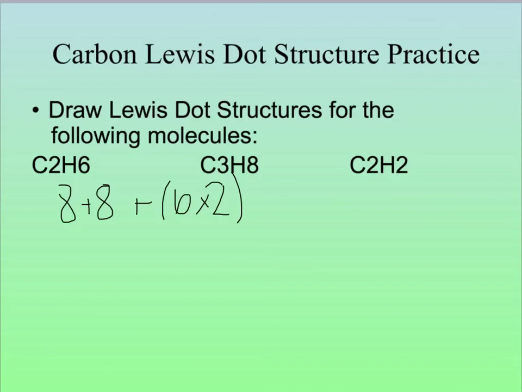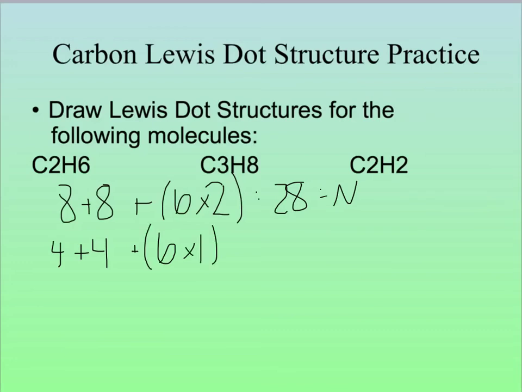When you add these up together, you should get 28, and that is our N. For A, we take our valence electrons. We've got 2 carbons, and then again we've got 6 hydrogens.